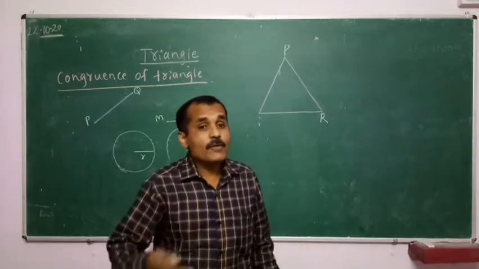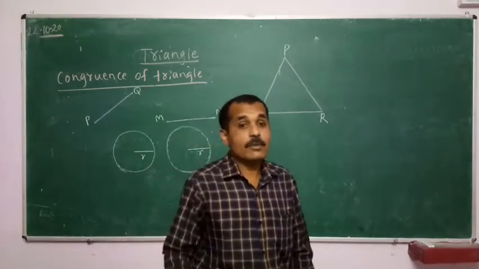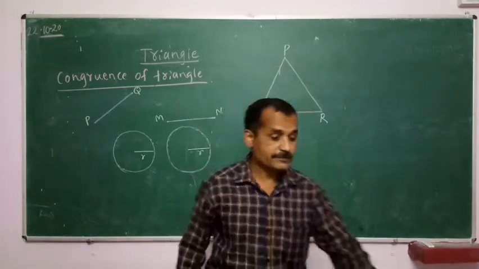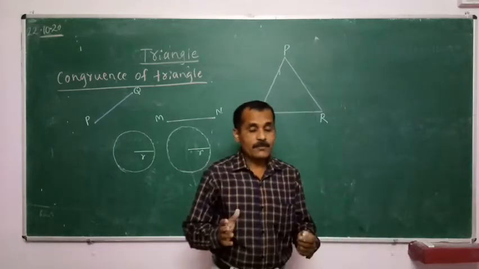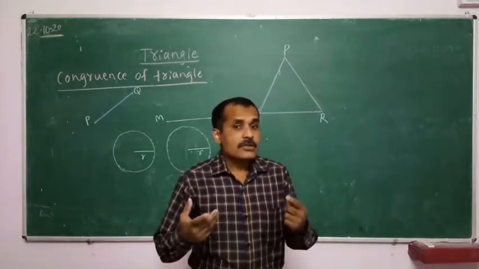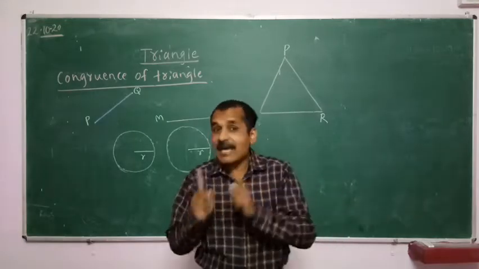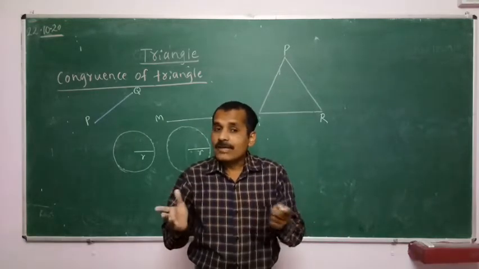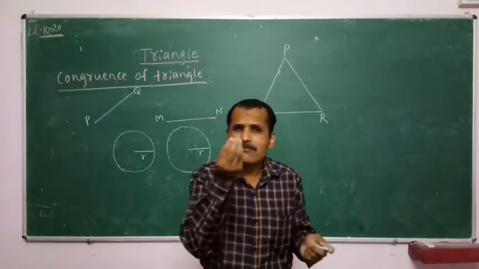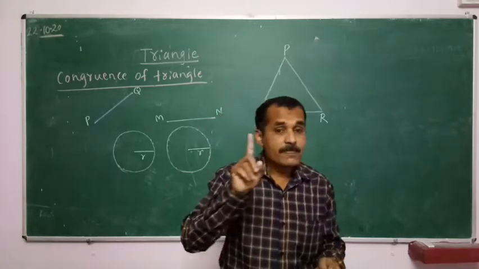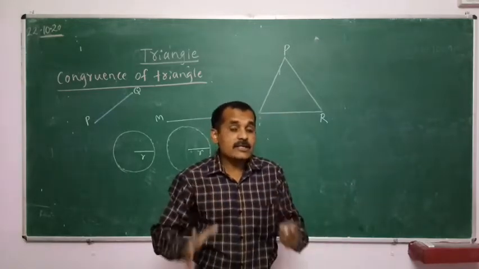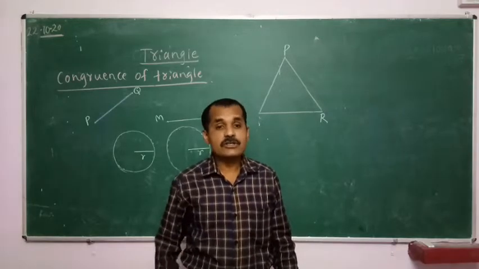Then what do you mean by congruent triangles? Listen carefully. First I will tell you: if two objects have the same shape and same size, we can call them congruent figures. It is only a meaning of that, it is not a definition. How to define that two triangles are congruent? Listen.